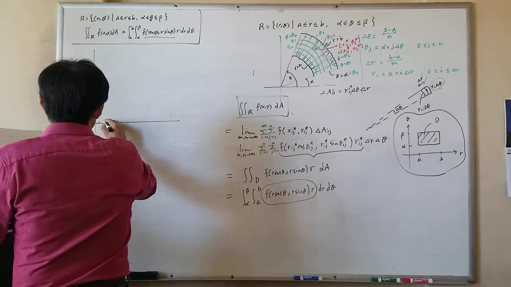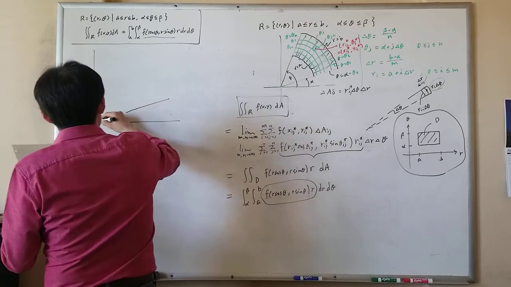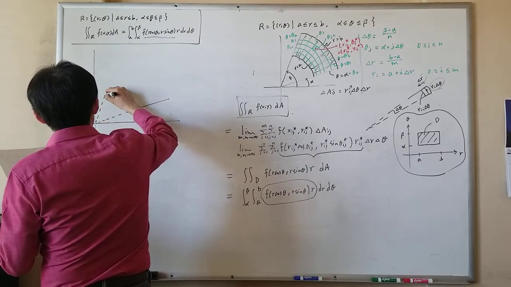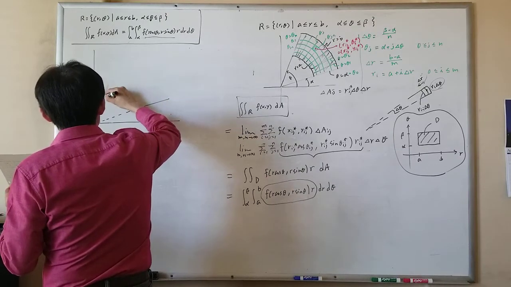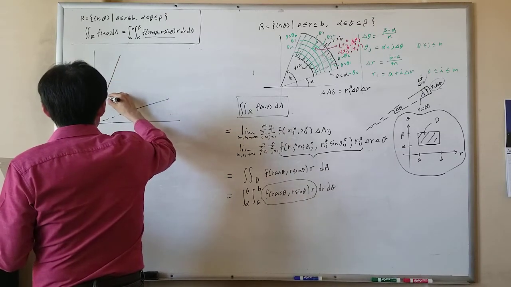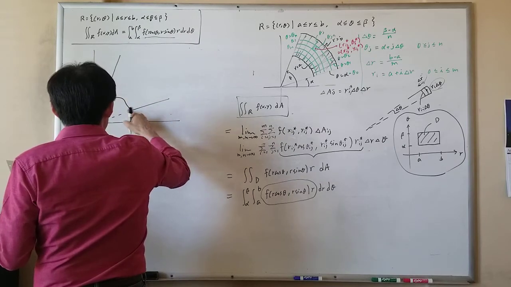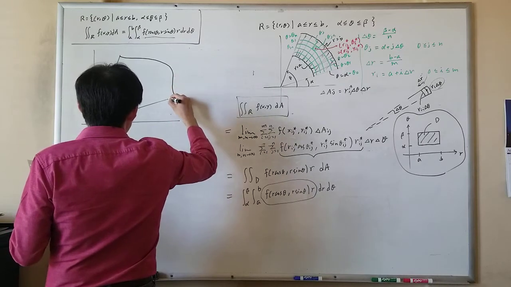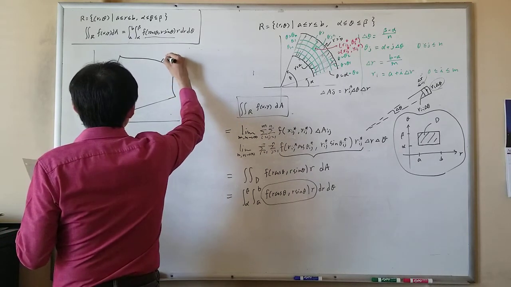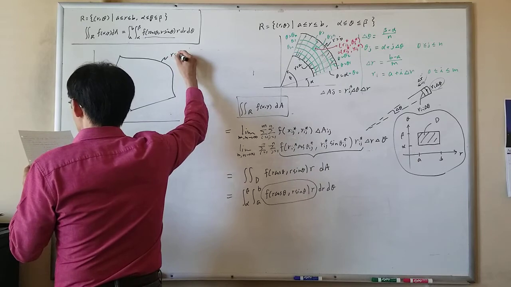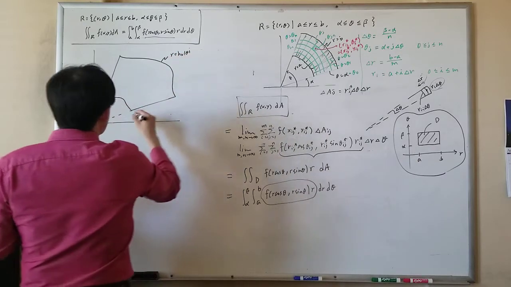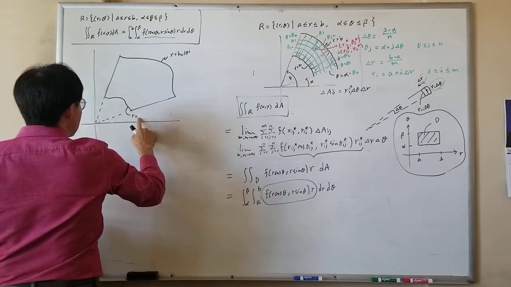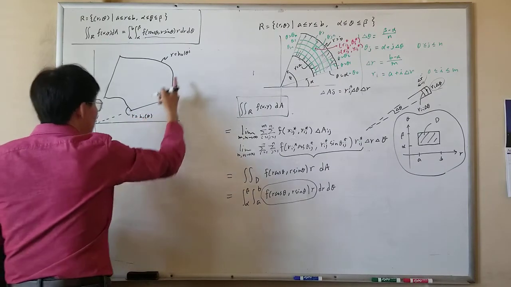That is, theta runs from alpha to beta, there is a curve, not necessarily circle. Okay, this is r equals h2 of theta. This is r equals h1 of theta. So the polar curve, right?